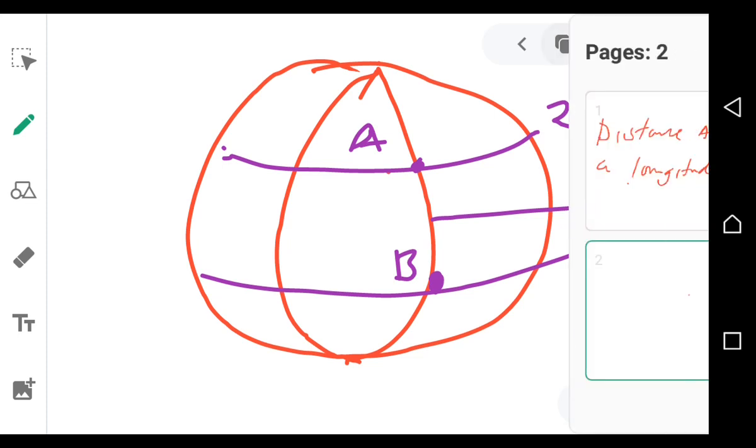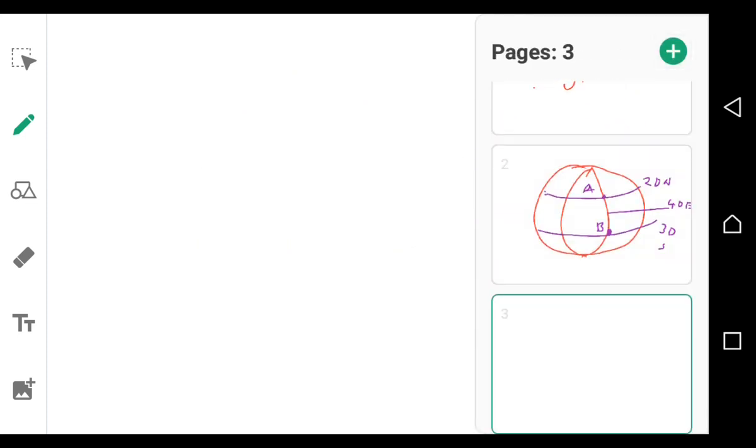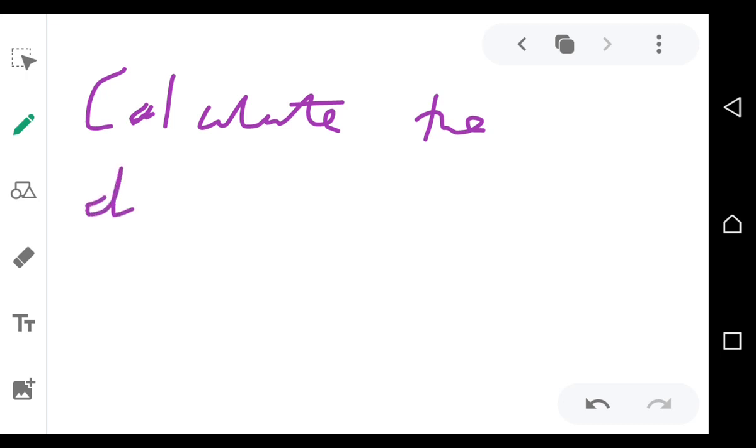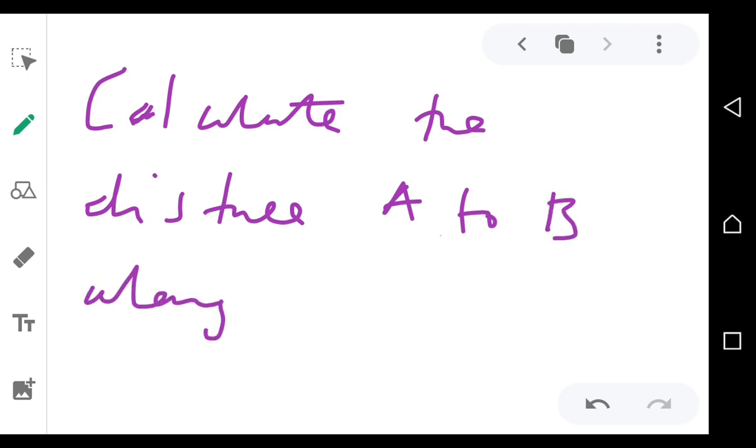And then the question says, calculate the distance AB, calculate the distance A to B along the longitude.